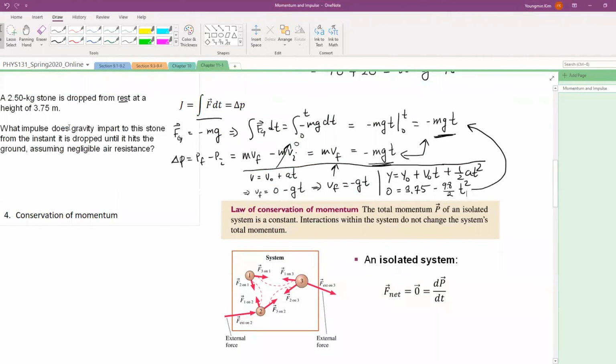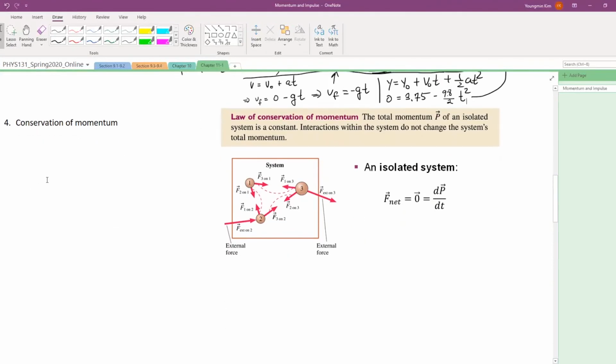Okay, now let's move on to the final point of our learning objectives today, the conservation of momentum. The law of conservation of momentum reads: the total momentum P of an isolated system is a constant, and interactions within the system do not change the system's total momentum.